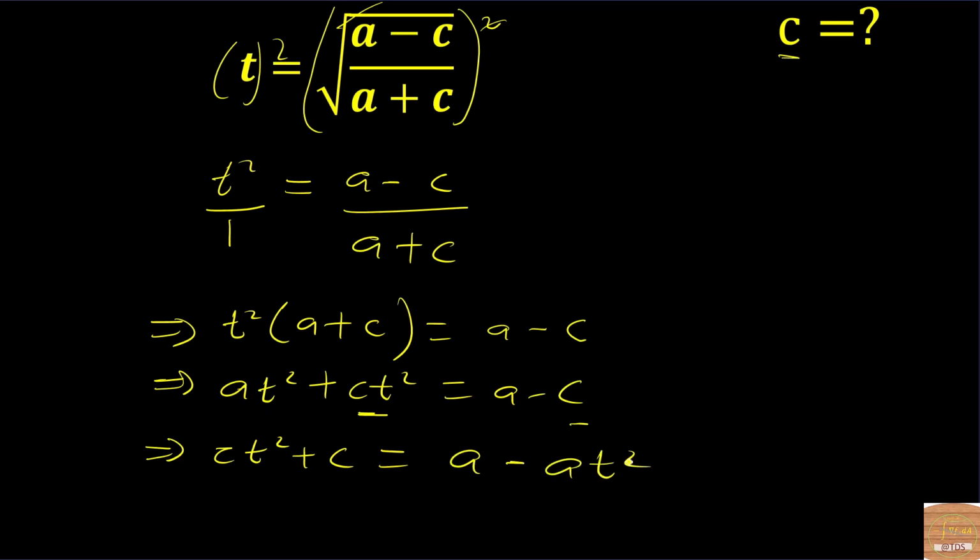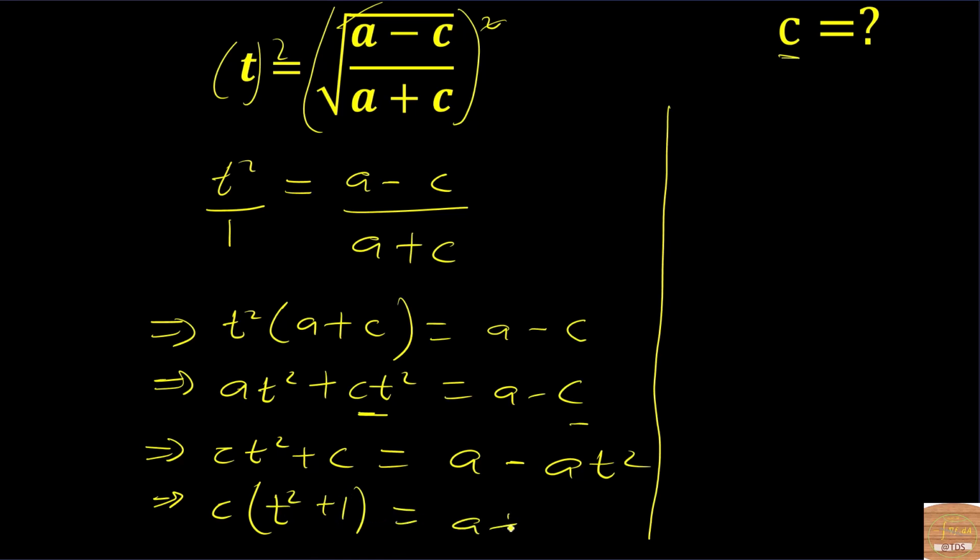Alright. So let me take C out on my left. So I have C times T squared plus 1 equals A minus A T squared.